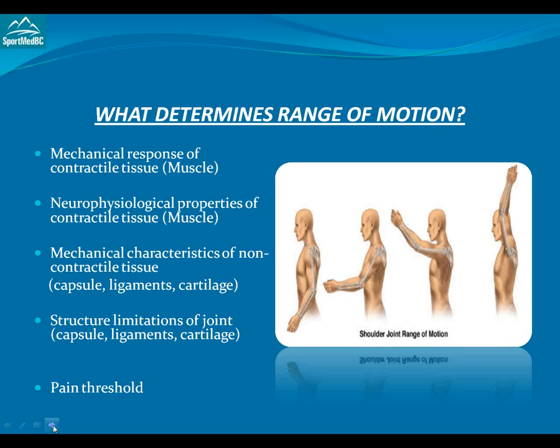And then lastly, the structural limitations of the joint itself, and of course the patient's or the athlete's pain threshold in terms of moving through a range of motion. That's going to determine how much we can move.